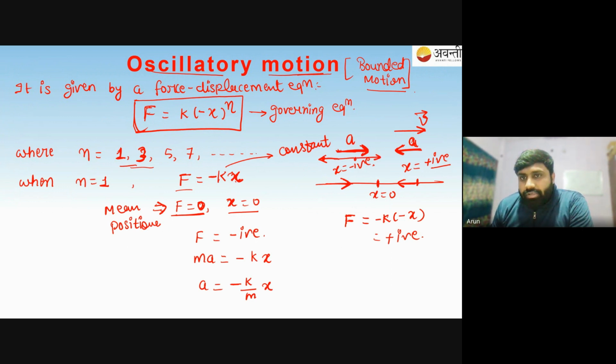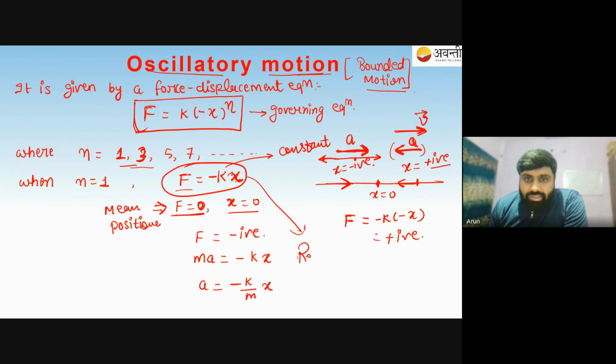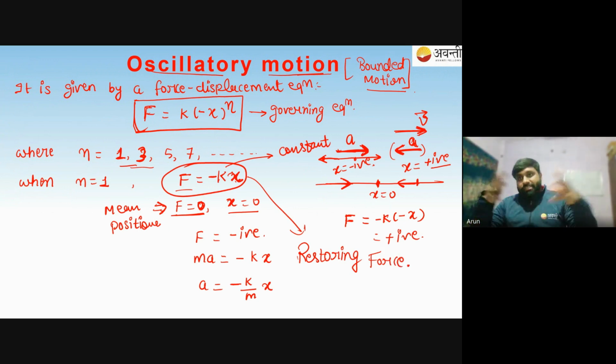Here, the body is going in this direction, but this acceleration wants this body to go to the mean position. So that particular force is termed as the restoring force. This force is nothing but the restoring force, which wants to restore the system.